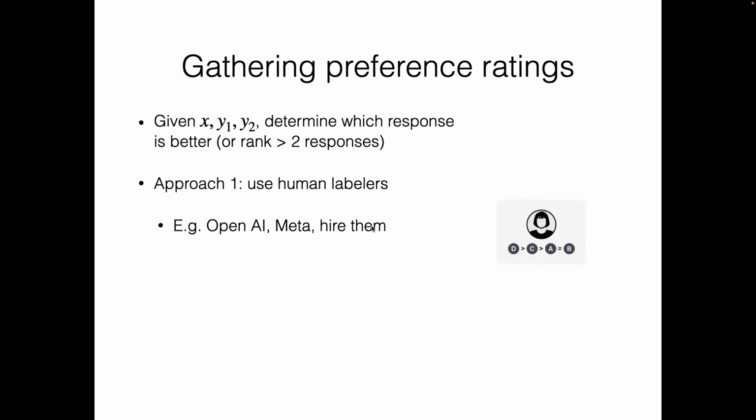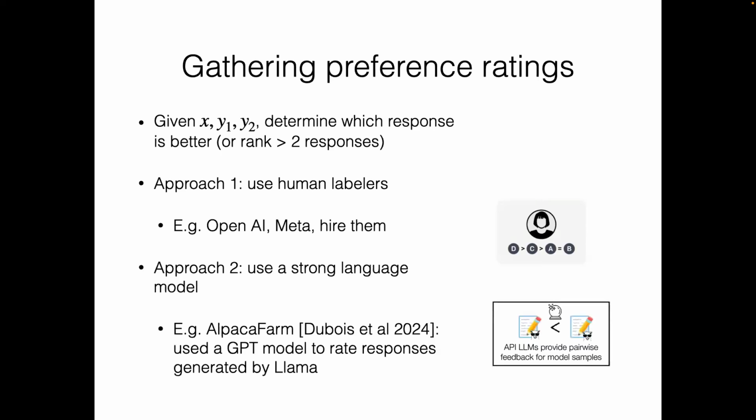So broadly speaking, you can either hire human labelers to do this, or try to use a strong language model to do it. So probably if you're trying to train the absolute best system, then you maybe can't use the same language model, and so you have to hire the human labelers. Or it's just beneficial to have some kind of human preferences.